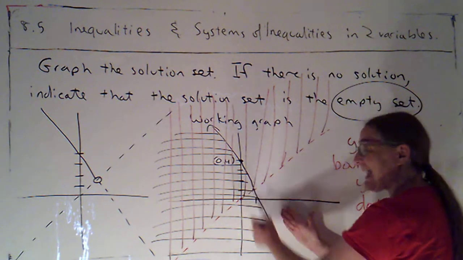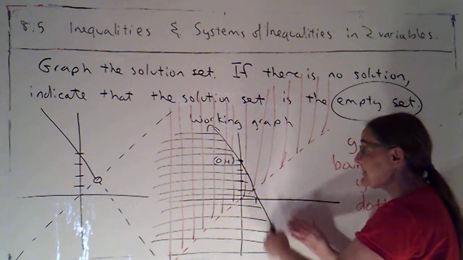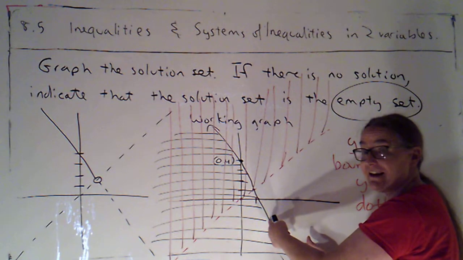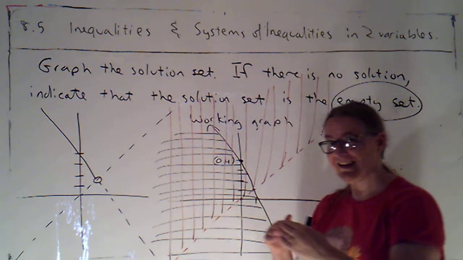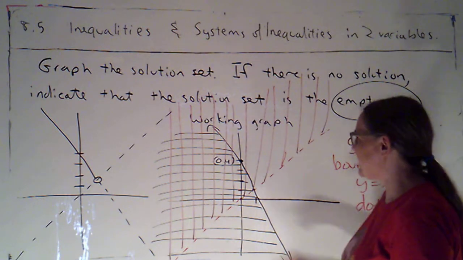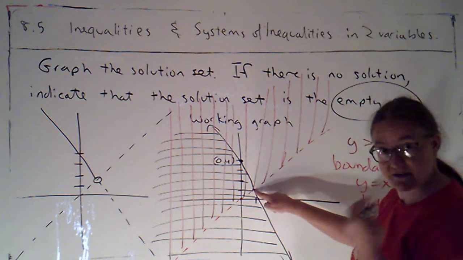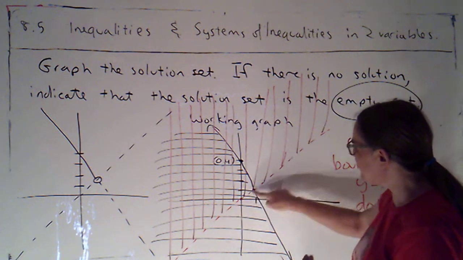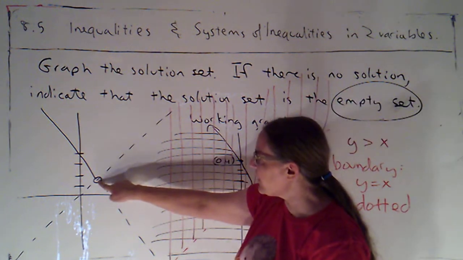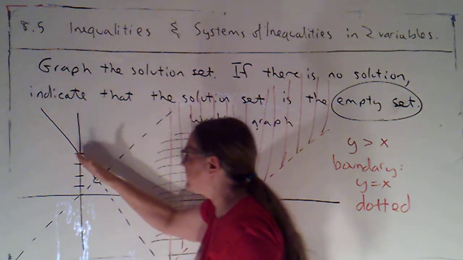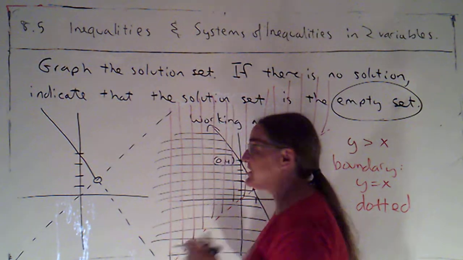This is not actually part of my solution because it wasn't shaded twice. This point right here, where the two lines meet, is only shaded once because it's on the black line that was included, but it's also on that red line that was not included. So that point is where points on this boundary line stop counting.